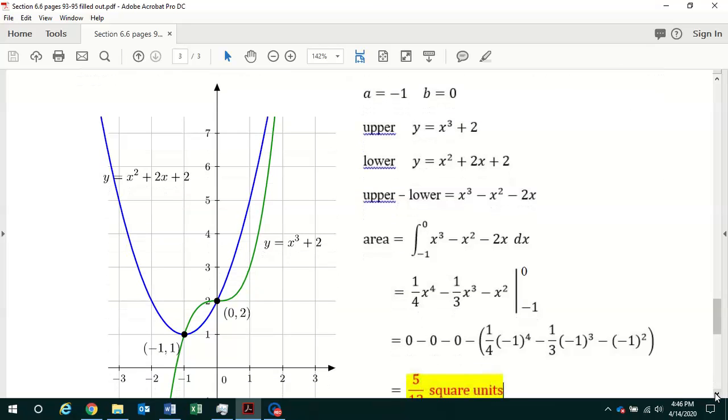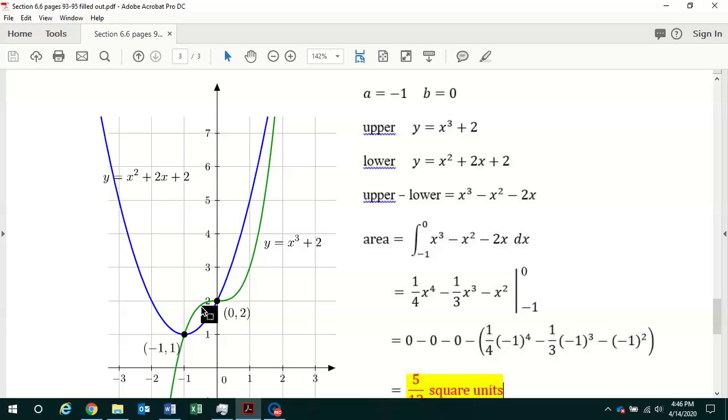So here you can see in blue is the parabola y equals x squared plus 2x plus 2, and here in green is the graph of the equation y equals x cubed plus 2. So we've got to find the area of this region here between the parabola and the equation y equals x cubed plus 2.